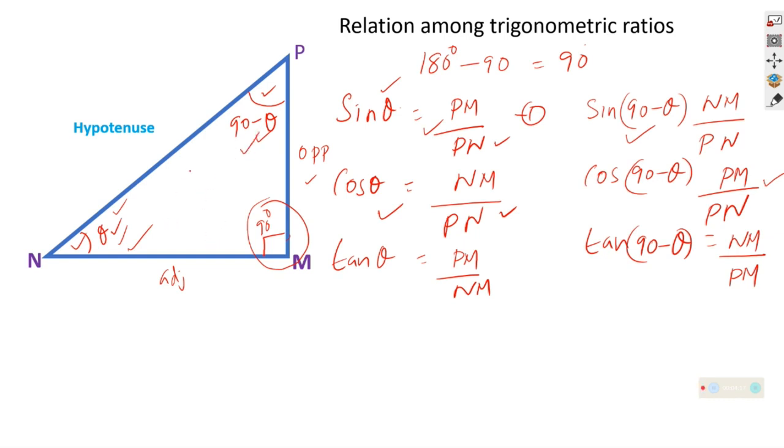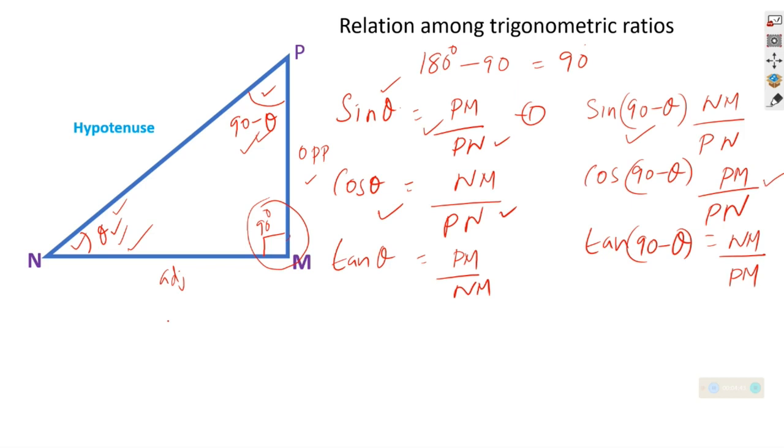The sine theta will become cos of 90 minus theta. Cos theta became sine of 90 minus theta. Tan theta and tan of 90 minus theta are inverses: Pm upon Nm, Nm upon Pm. From one ratio we are reaching another ratio. Understood? So we understood this relationship.